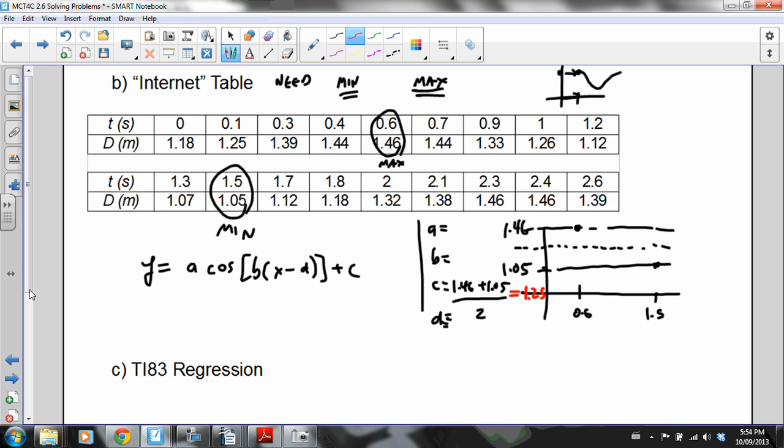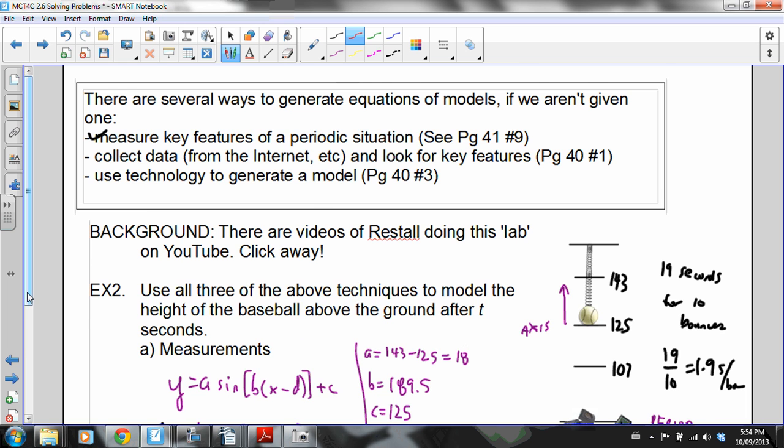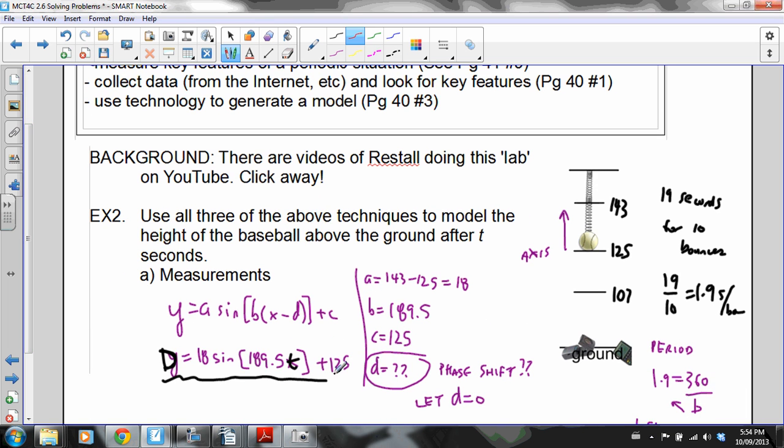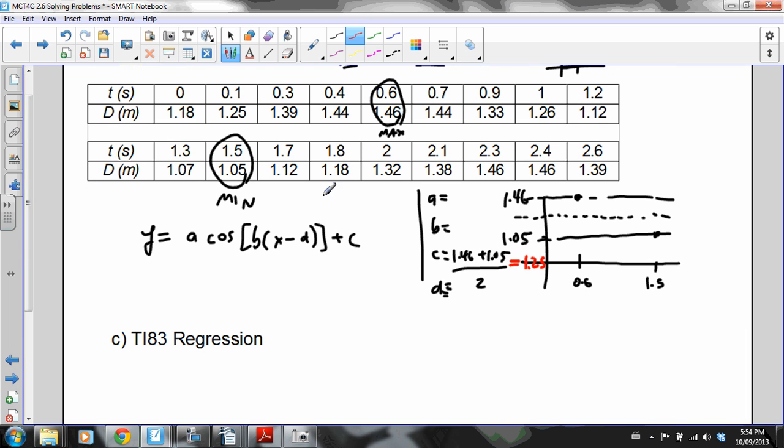And notice that in our example earlier, the axis value was 125, but that was in centimeters, and this is in meters now because I got it from the calculator. So this is about 1.25 meters.